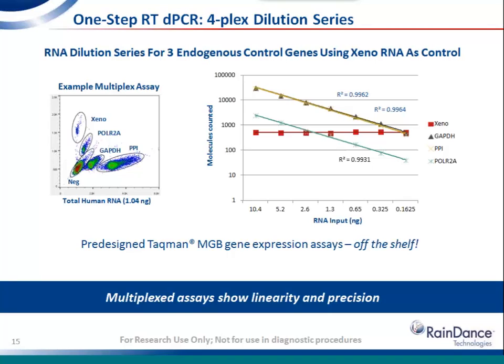And finally, POLR2A was assayed using both a VIC and a FAM probe, and you can see that cluster here.